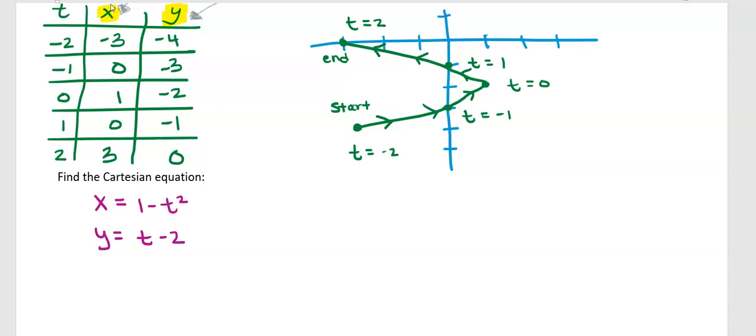With this, you want to try and choose the easier one to solve, so that would be the second equation. This is actually a good one to talk about that idea that I mentioned earlier about the square root. If I were to do the first equation and try and solve this for t, I would get x minus 1, and I would need to take the square root of that. So my equation would be t equals the root of x minus 1.